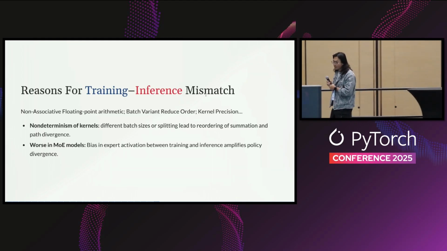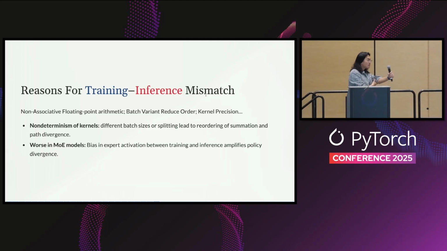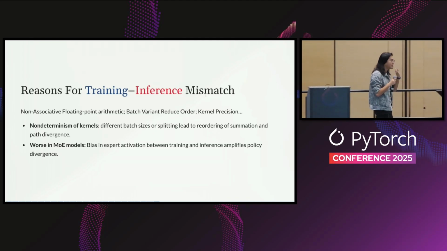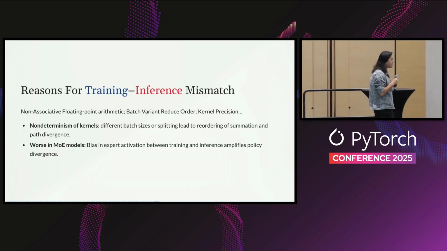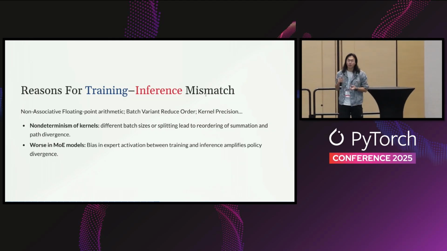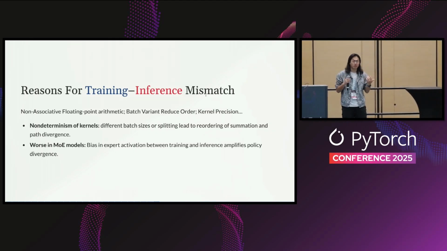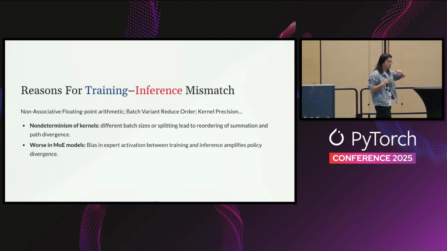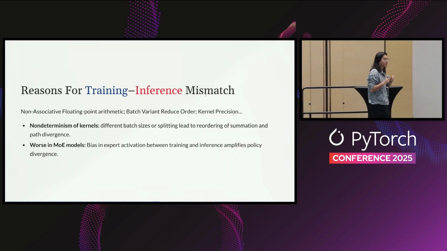Another point I want to make is that, as I said, for MoE models, this kind of training-inference mismatch is even worse, since MoE models have their gating, or router, right? The router decides which expert in this layer it will go to.